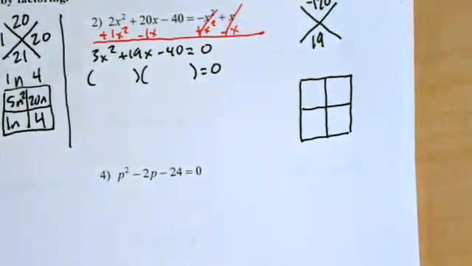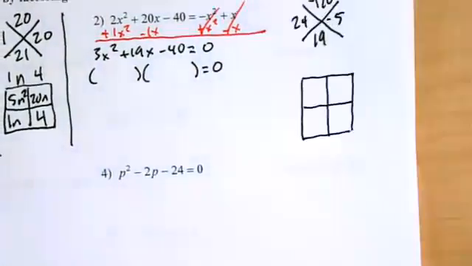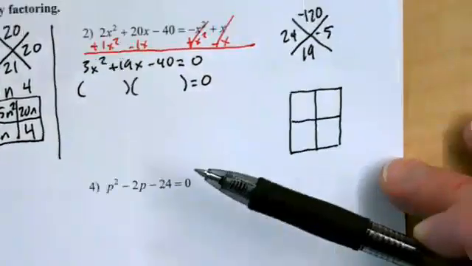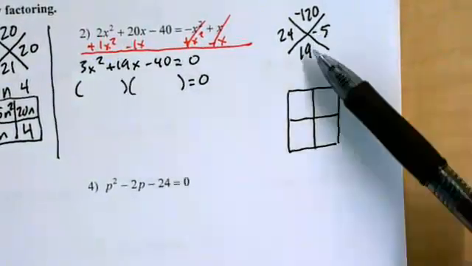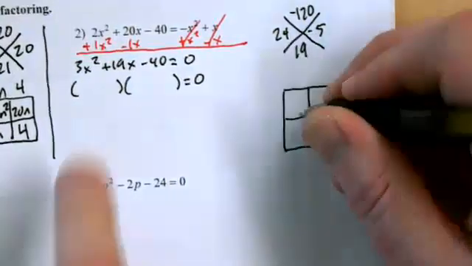That could work, couldn't it? 24 and 5. Which one would we make negative? I think we'd want to make the 5 negative. Yeah, because we're trying to get a plus 19. Cool. Fill in our box.